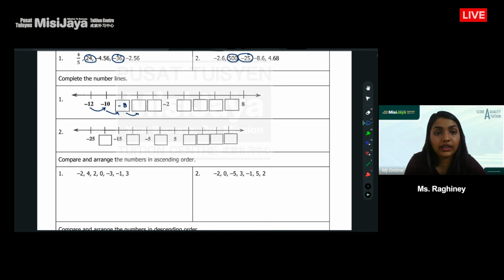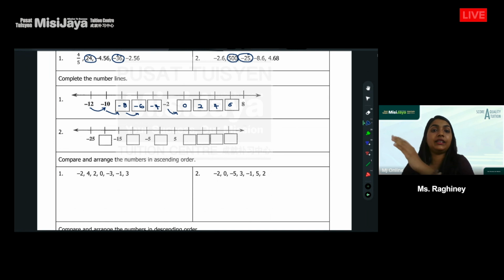Add 2 again, I get -6, followed by -4. Okay, -2 plus 2 is 0, plus 2 is 2, and 4, and 6. All right, so I keep adding 2, 2, 2, 2. Okay.